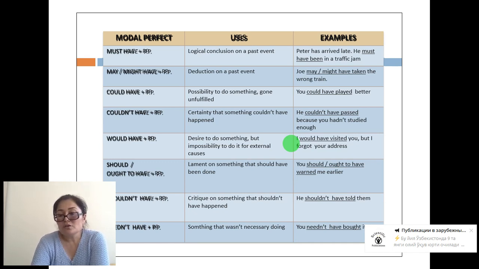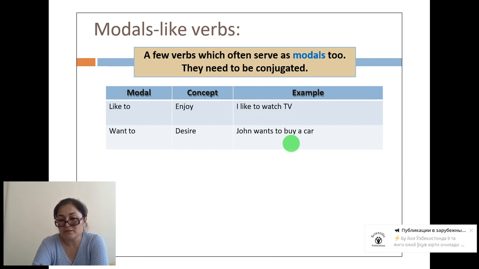You should or ought to have warned me earlier. Shouldn't have plus past participle, or verb 3, expresses critique on something that shouldn't have happened. He shouldn't have told them. And needn't have plus verb 3 expresses something that wasn't necessary. You needn't have bought it.